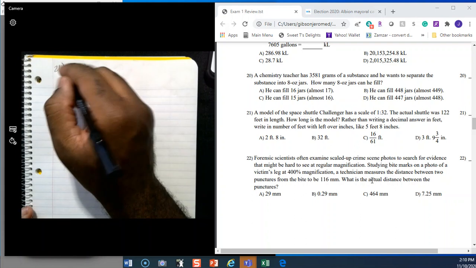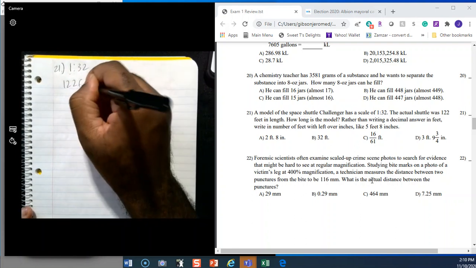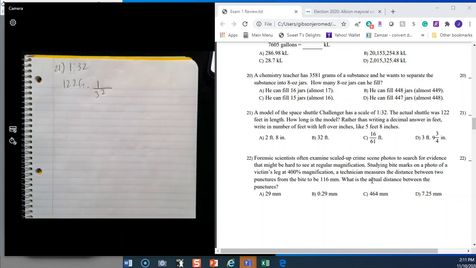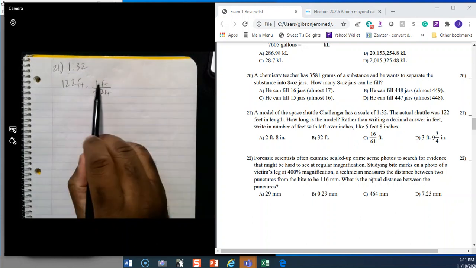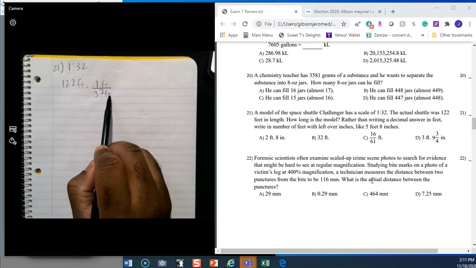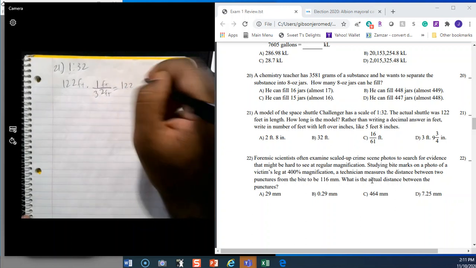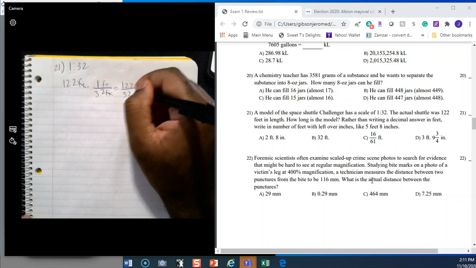So what we would do, we would take this 122 feet and multiply it by 1 over 32. So it would be for every 1 foot of the model is 32 feet of the actual. So this would be 122. These feet would simplify out, be 122 over 32 feet.